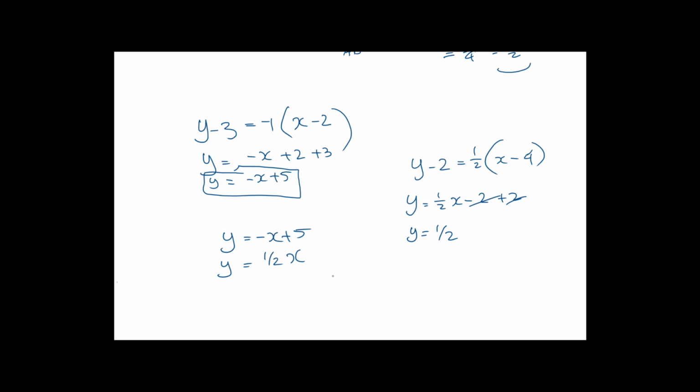Well, I will use calculators just now. Let's do it just because we can. So set them equal, because if y equals this and y equals this, then that equals this. So minus x plus 5 must equal half x plus nothing. I'm going to add an x to both sides.